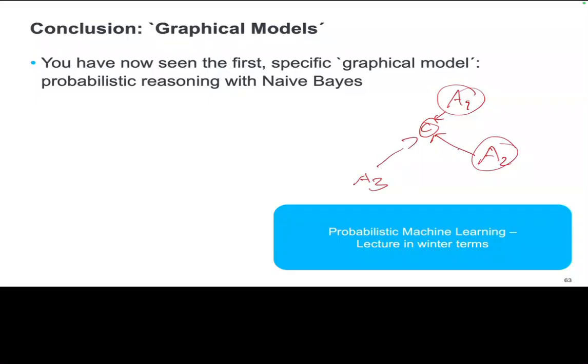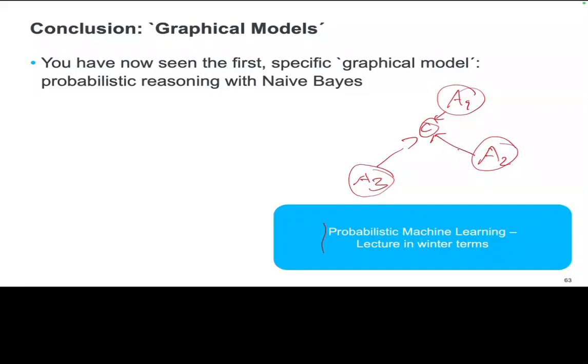And this is the simplest so-called graphical model that you can develop. Not in this winter term, but in the winter term 25-26, I will give the probabilistic machine learning lecture again. This winter term I plan to have a sabbatical, research sabbatical, so this will not be given.